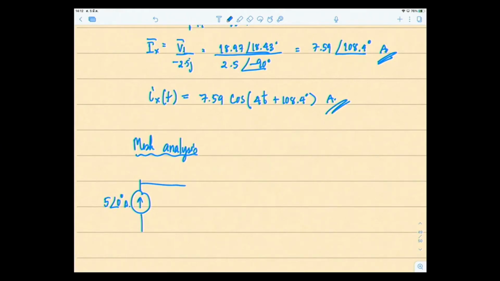In this example, I have already converted into the frequency domain.